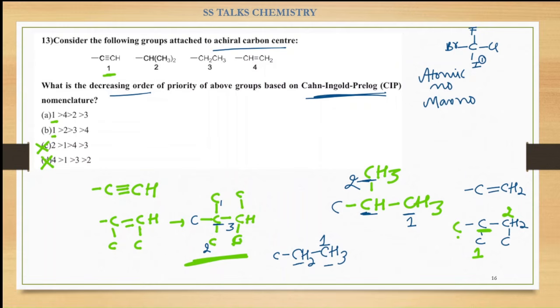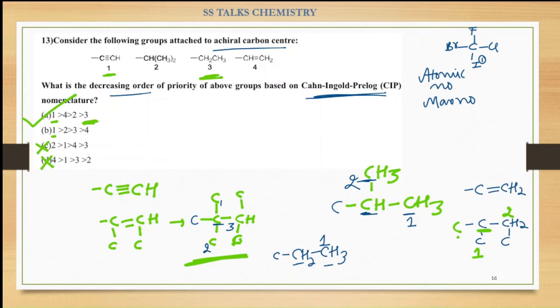Next, I observe that in the third molecule, the carbon center attached to the chiral center is further attached with one carbon atom only. So it is going to be of the least priority. So the third one will have the least priority. So A is going to be your correct option for this particular question.